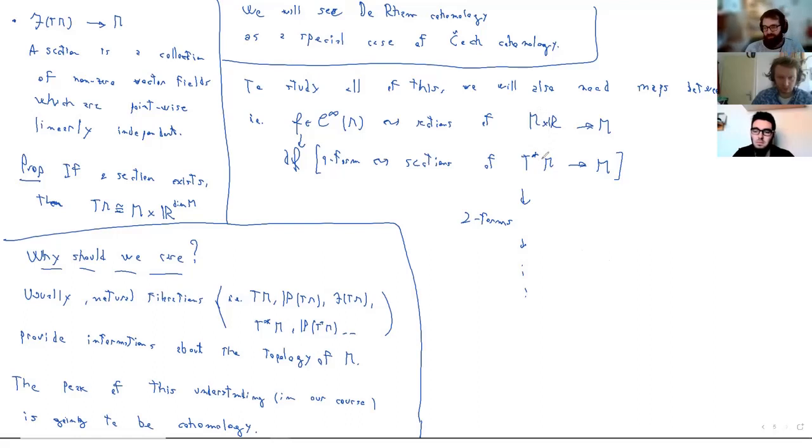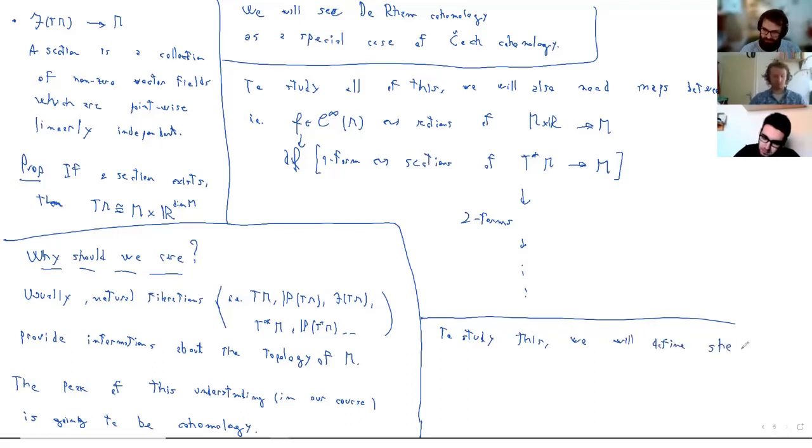Since we will talk, as I was saying, not only about fibrations, but about sections of fibrations, a very important thing there is the notion of sheaf. So to study this, we will define sheaves, which are basically collections of sections.